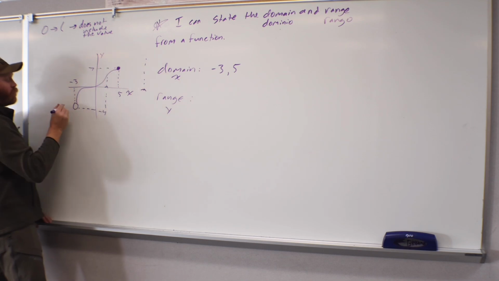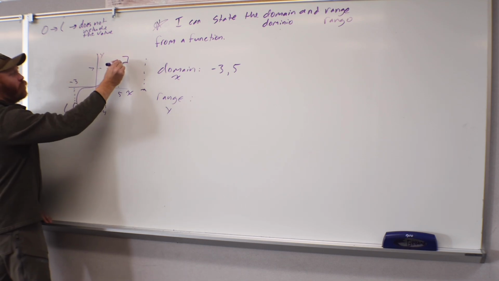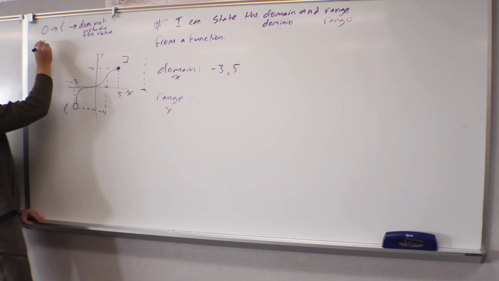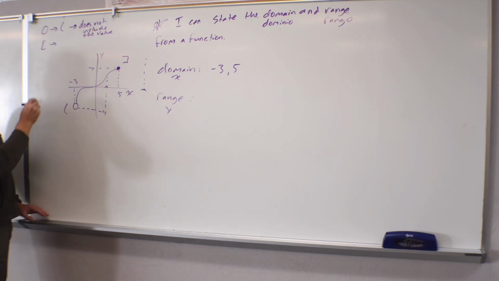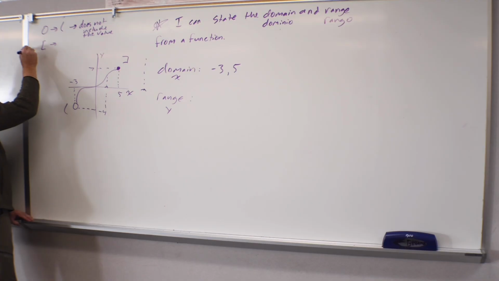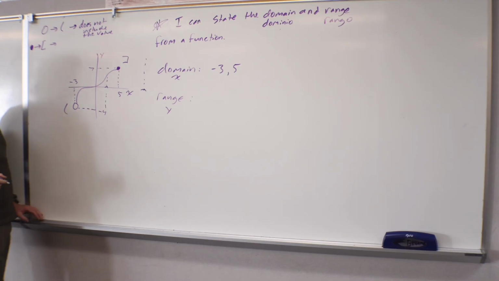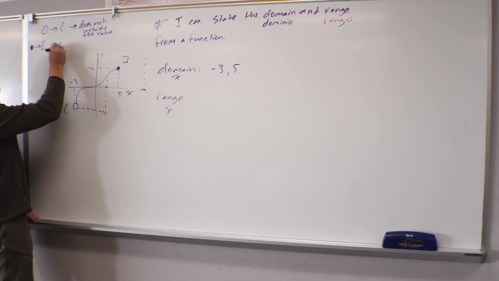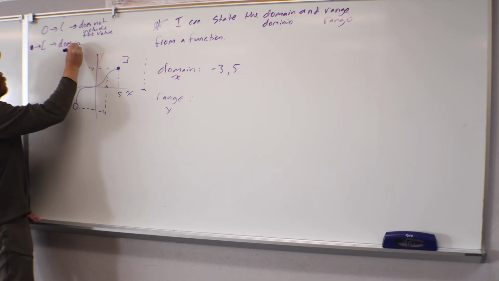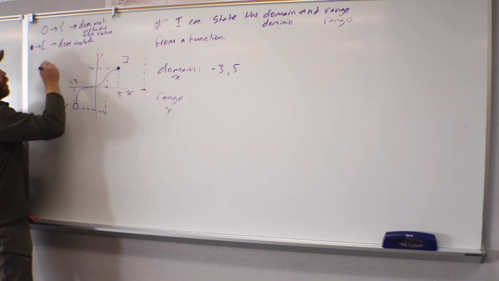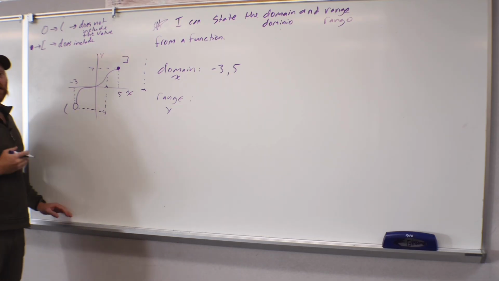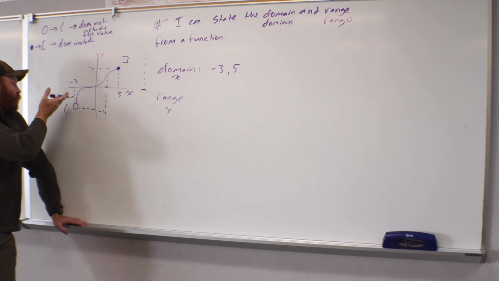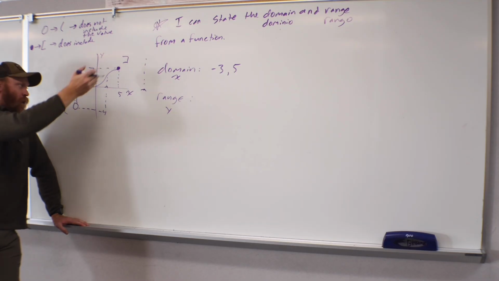Here with the closed circle, this is going to be a bracket, and our bracket does include the value. So bracket includes it, circle does not include it. Parentheses does not include it, bracket does.